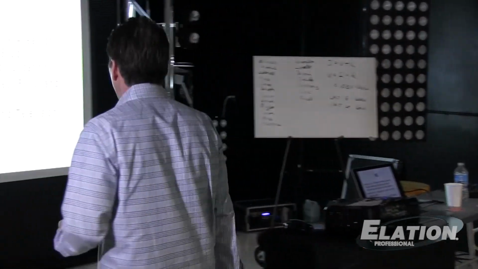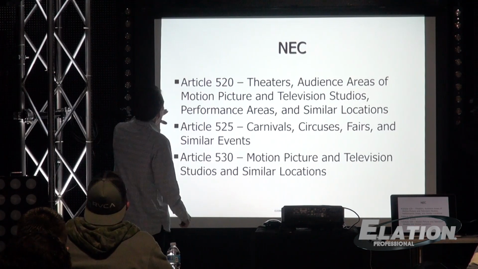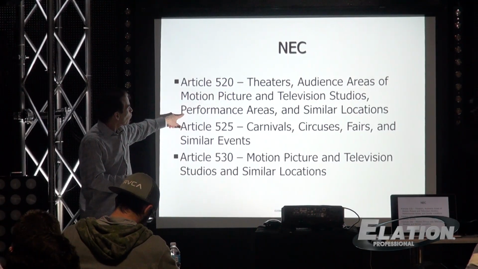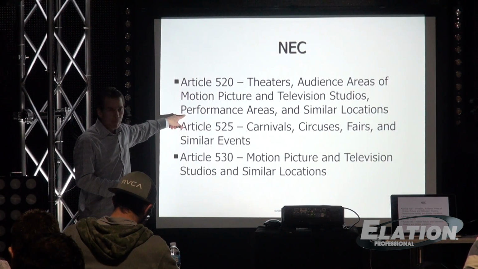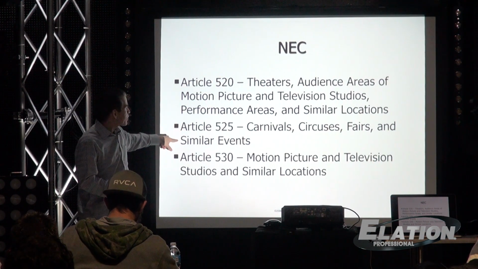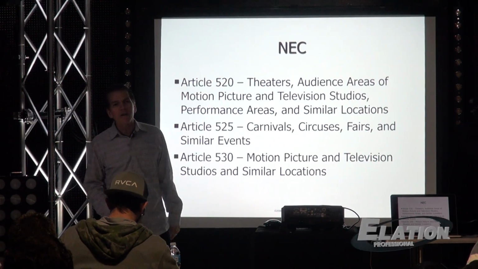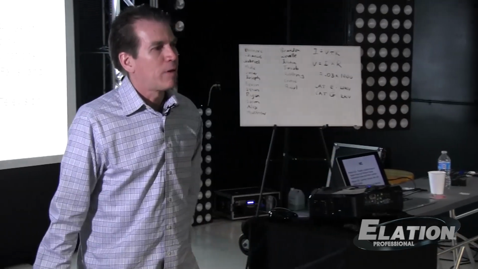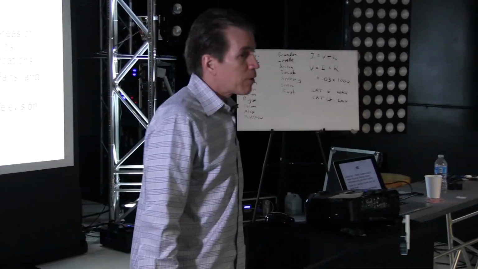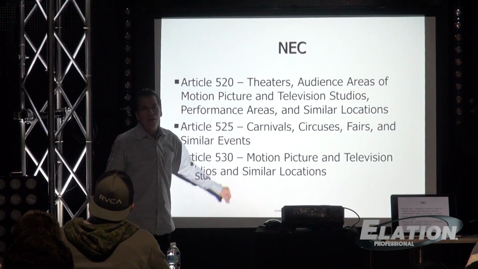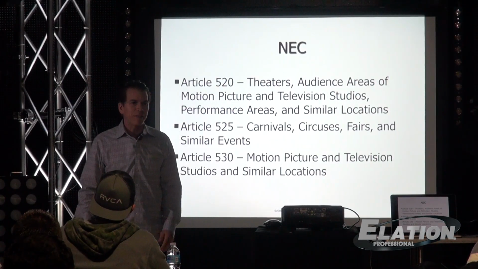So, Article 520 is for theaters, audience areas of motion picture and television studios, performance areas, and similar locations. Article 525 is for carnivals, circuses, fairs, and similar events. So if you're doing a street fair, if you've got a live performance out on wherever, that may fall under Article 525, although most of the stuff that it talks about in 525 are things like popcorn machines and that kind of stuff.